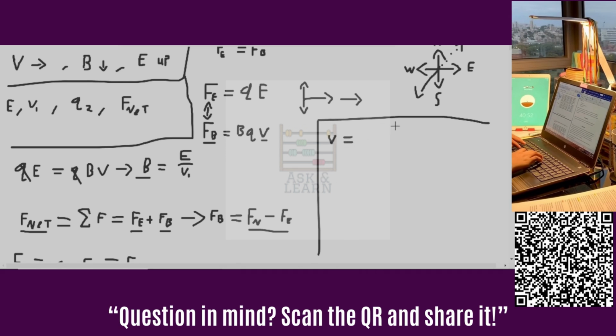V is equal to F sub B divided by the magnetic field, B, times charge Q2. And plug in those numbers, and that will give you your velocity. And there you have it.